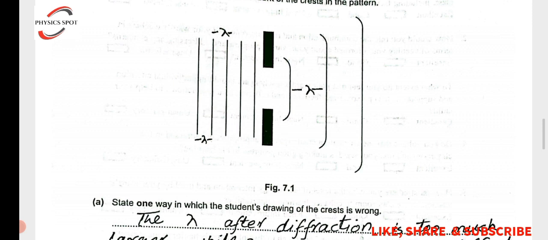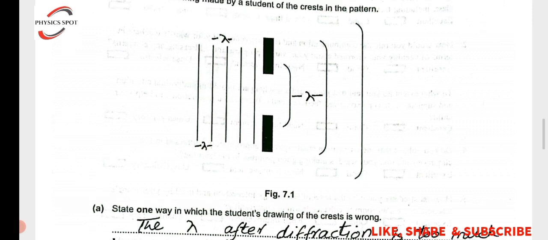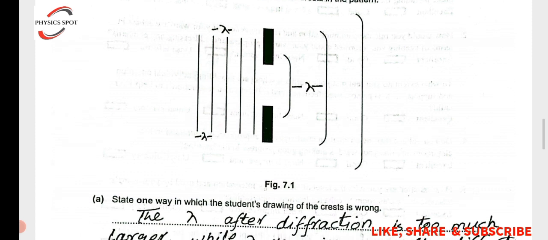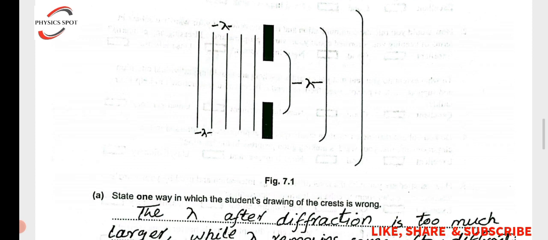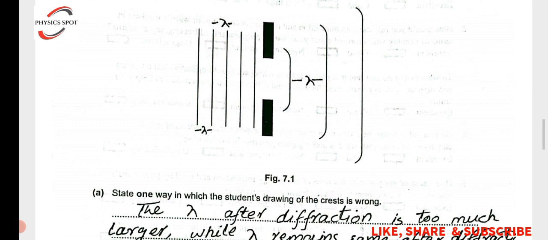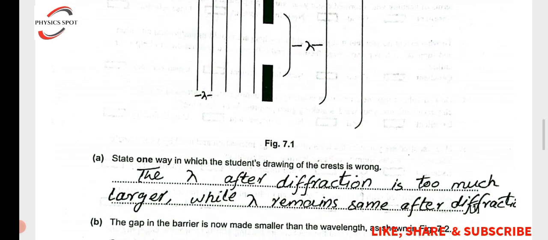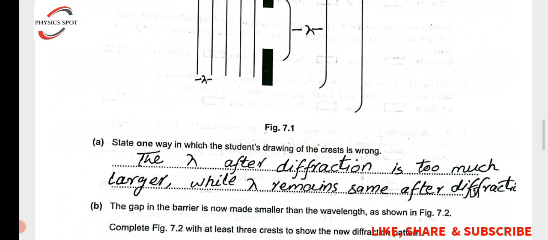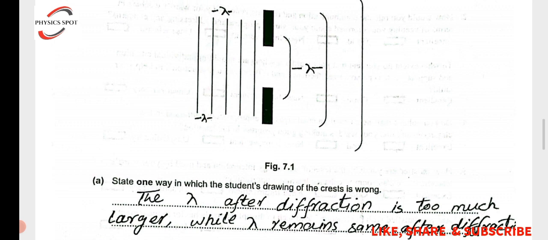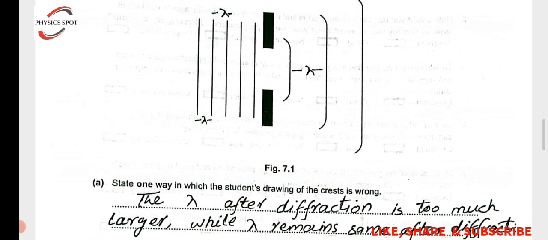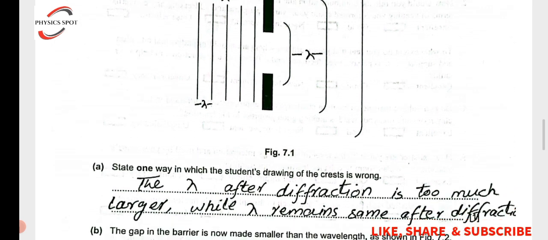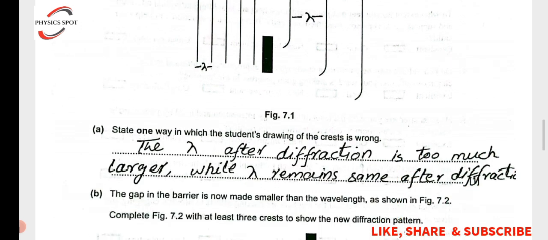On the basis of the wavelength, you can conclude that the diagram is wrong, because in the case of incident waves the wavelength is smaller, while after diffraction the wavelength is much larger. That is not possible. Wavelength should not change after the diffraction. So there is the mistake by the student. Okay.